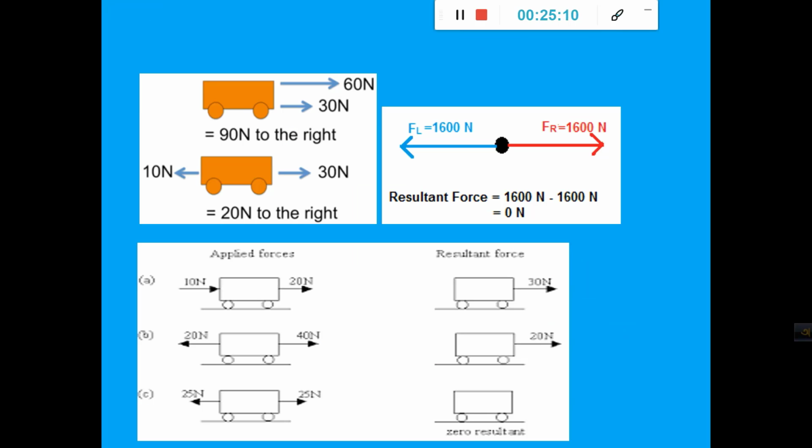Now look at the diagram. 60 Newton and 30 Newton both act in the right direction. So the resultant force will be 90 Newton to the right. In the second diagram, 30 Newton force acts in the right direction and 10 Newton force acts in the left direction. So the resultant force will be 20 Newton to the right direction.